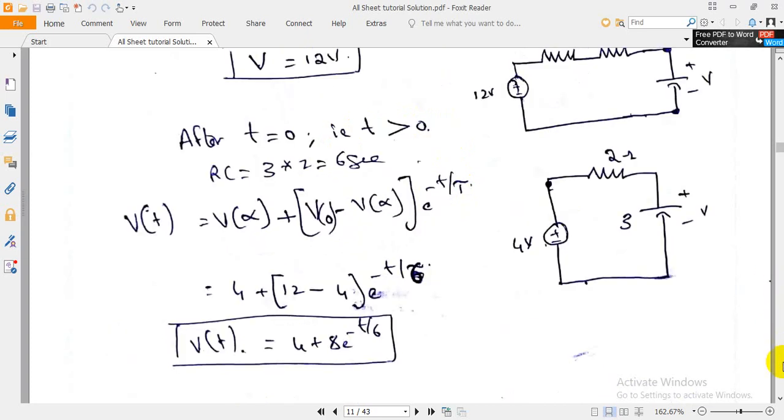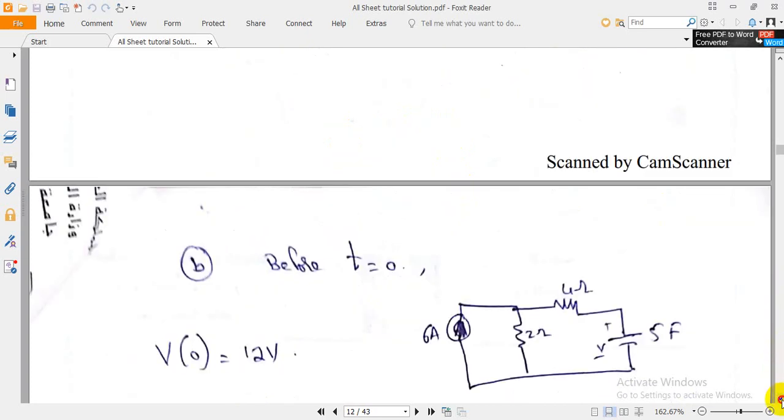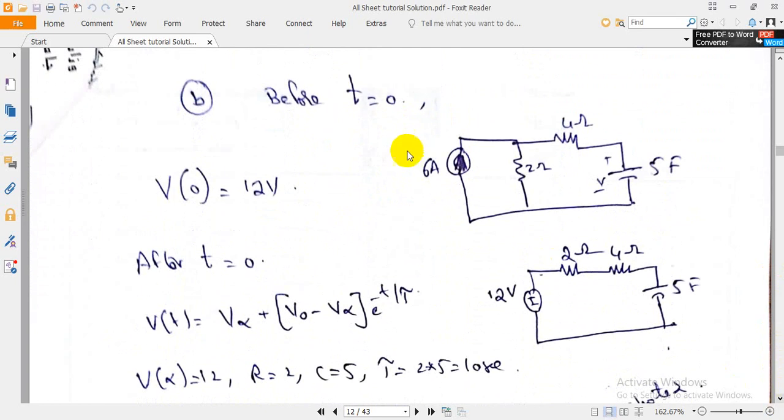You have to understand. Going to the solution here, before t equal to 0, that is t less than 0, there is no connection here. That's why the 4 has been connected. Now we will convert this current source into a voltage source. As I said before, 6 times 2 is 12, which will be the voltage source.